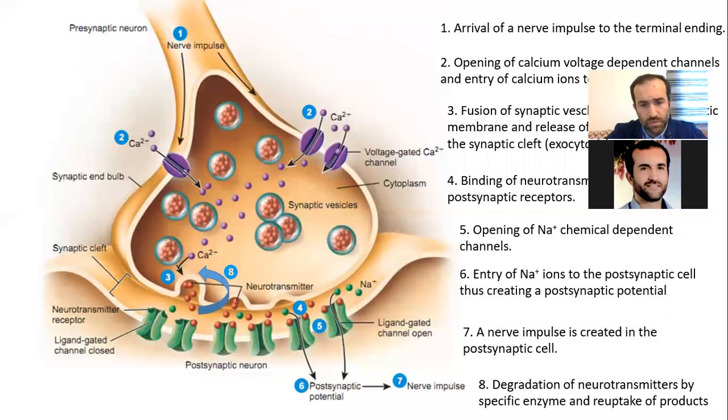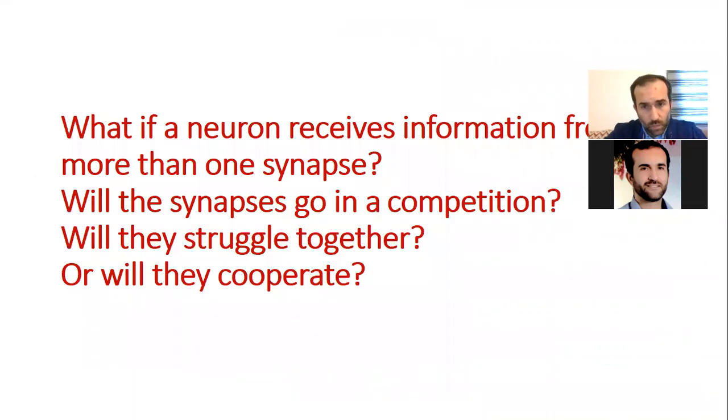After that, there is a degradation of neurotransmitters by specific enzymes and reuptake of the products of this degradation. These are all the steps of the synaptic transmission.